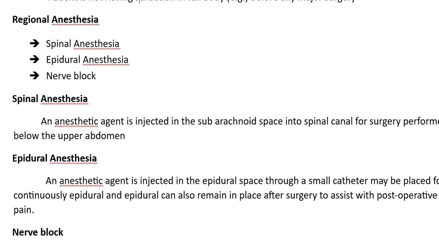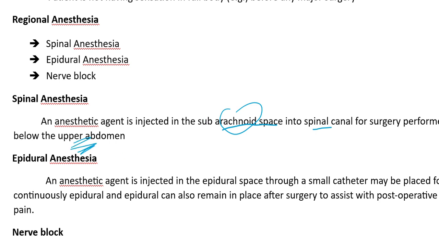In spinal anesthesia, an anesthetic agent is injected in the subarachnoid space into the spinal canal for surgery performed below the upper abdomen.